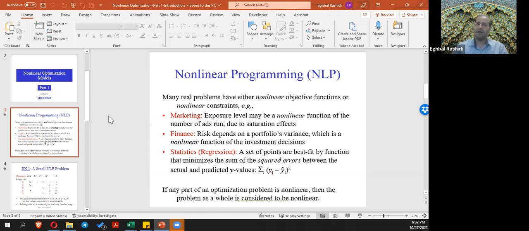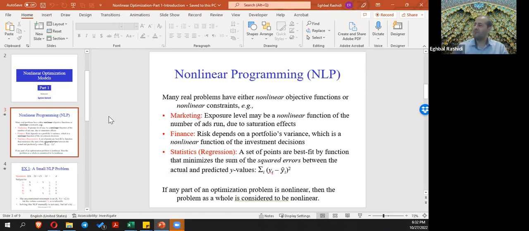We have kind of had an example, if you remember, of advertising, the exposure to advertising. We assumed that the revenue generation was a linear function of the ad exposure, which is kind of a big and suspicious assumption.